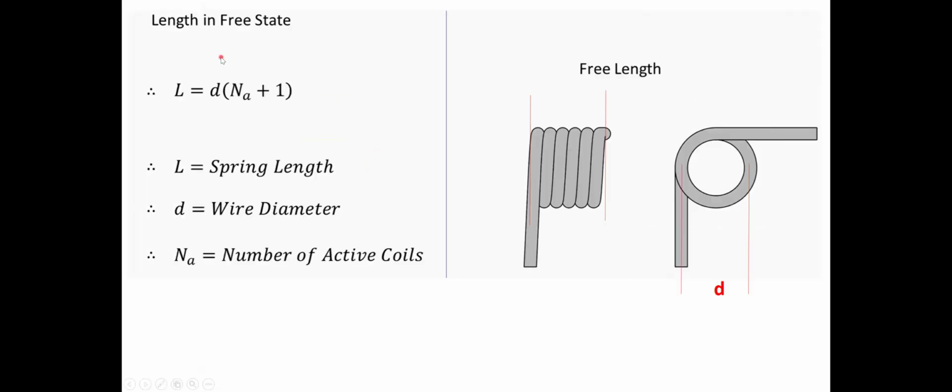So what is the free length? The free state, or say the free length. The free length equals d, the wire diameter, times the number of active coils plus one. This distance represents L naught.